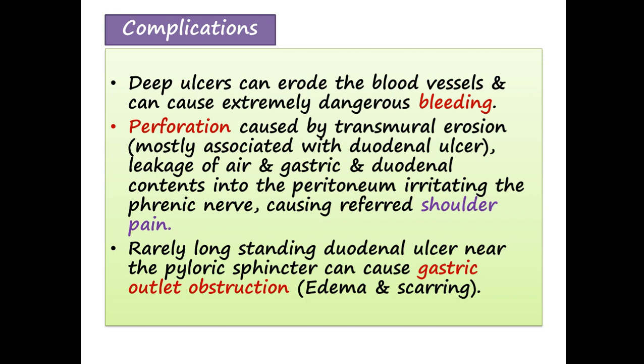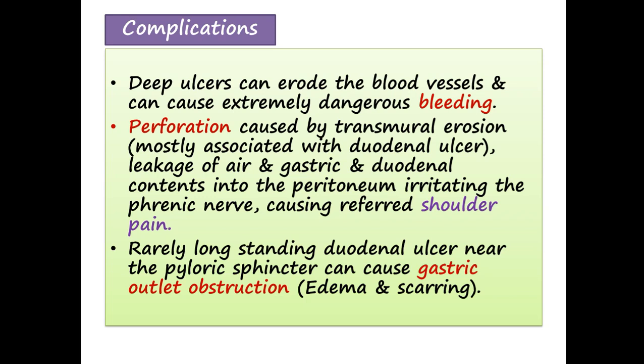And this is also a type of serious medical or surgical emergency, because the contents and the air, when they enter into the peritoneum through the perforation, will stimulate the phrenic nerve which supplies the diaphragm, and this irritation of the phrenic nerve in gastric ulcer perforation will give rise to referred shoulder pain, which is a very important sign and symptom in case the ulcer has perforated.